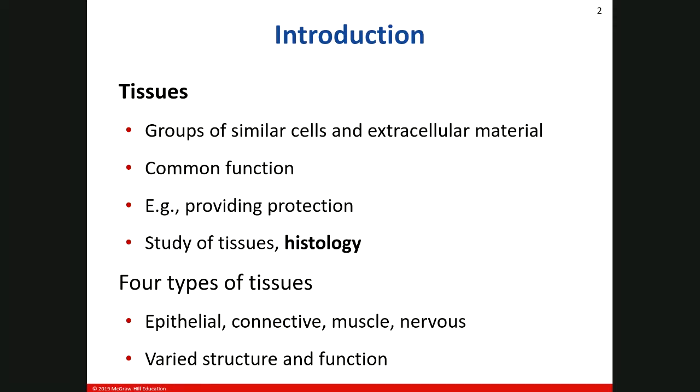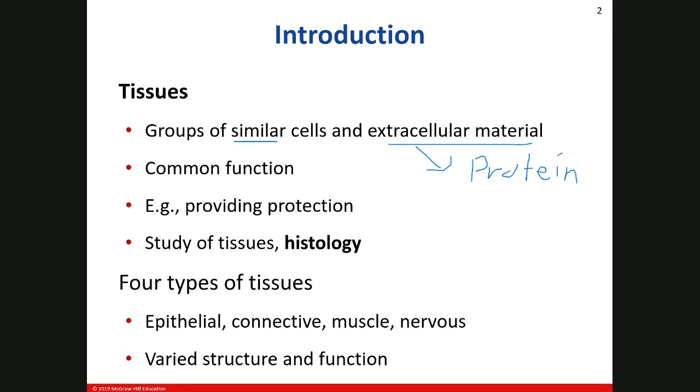All right, so let's talk about tissues here, okay? A couple things you want to know about tissues: one, we're going to see a cluster or grouping of cells that are similar. And then we're going to talk about the material that's outside the cell. We refer to that as extracellular material. Now, extracellular material is broken down into protein fibers. We'll talk more about this when we get into connective tissue.